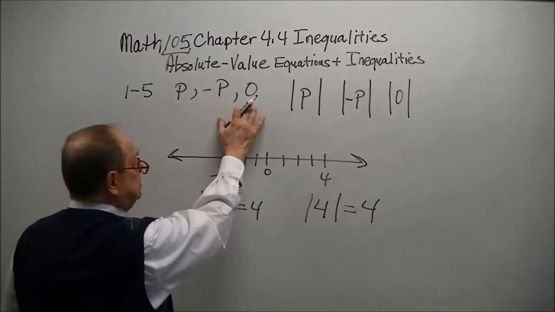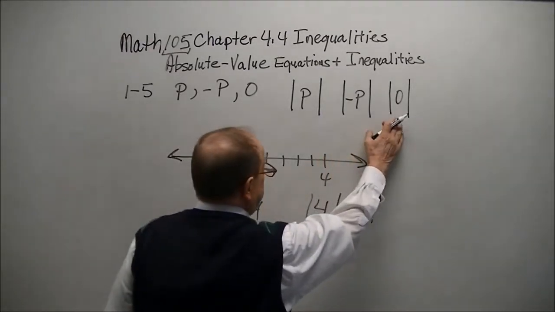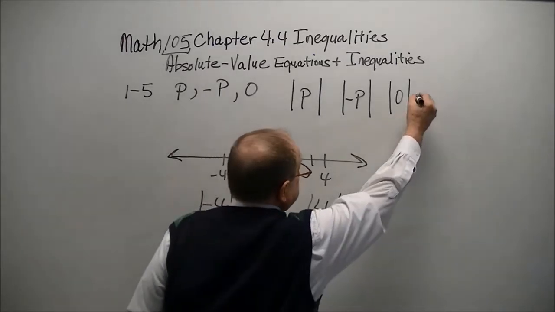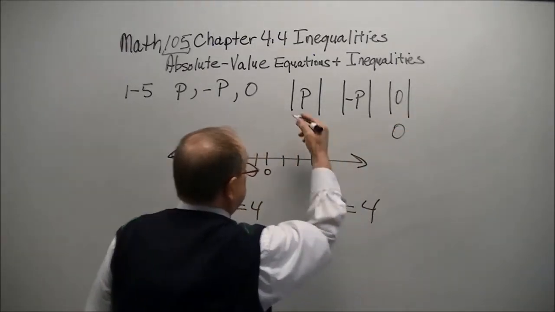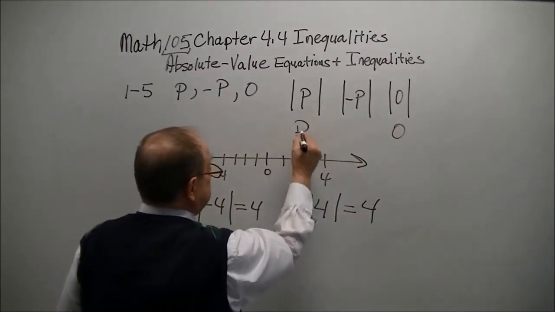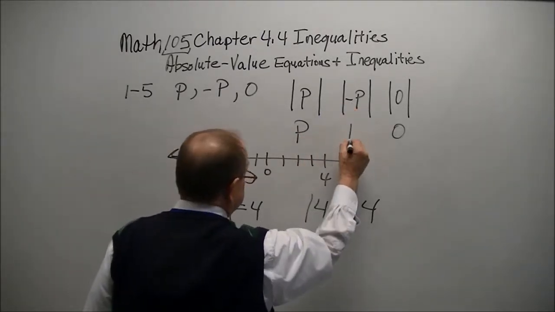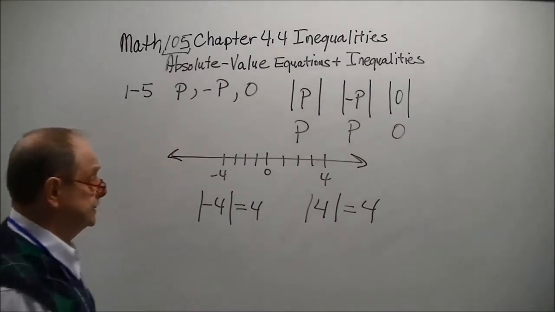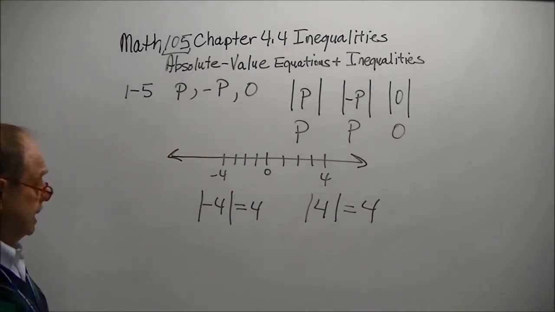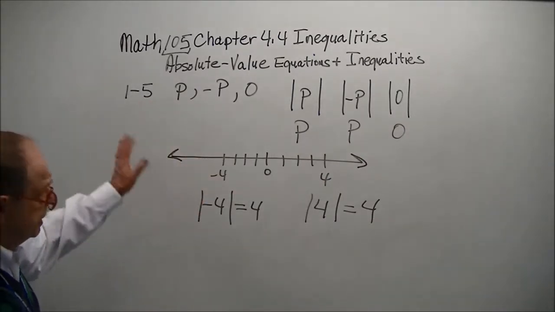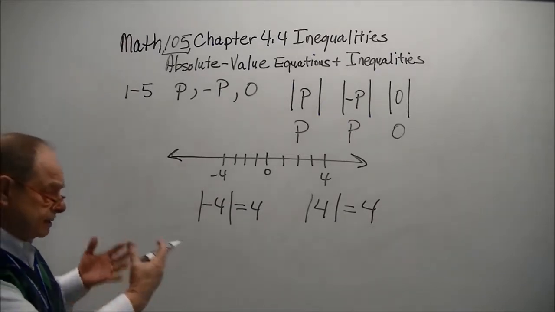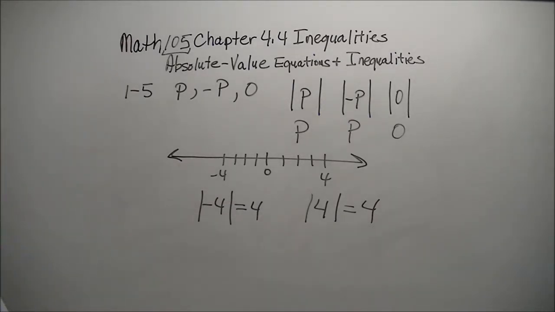And then the absolute value of 0 is 0. So the absolute value of P is P. The absolute value of a negative P is also P. So a little review, and then we'll have some examples and give some more technique as we go on.